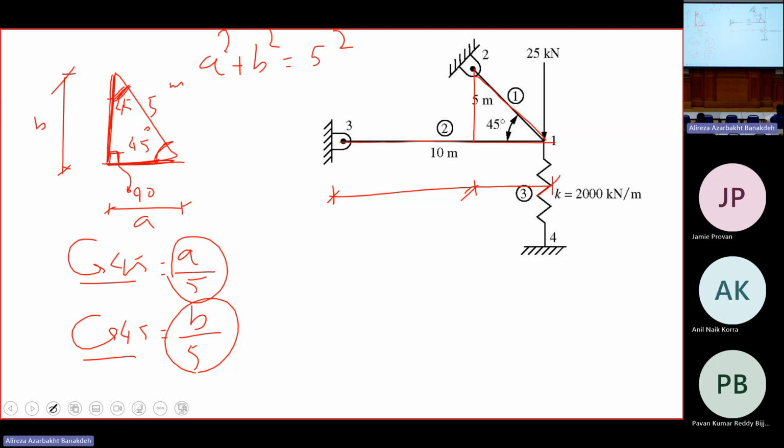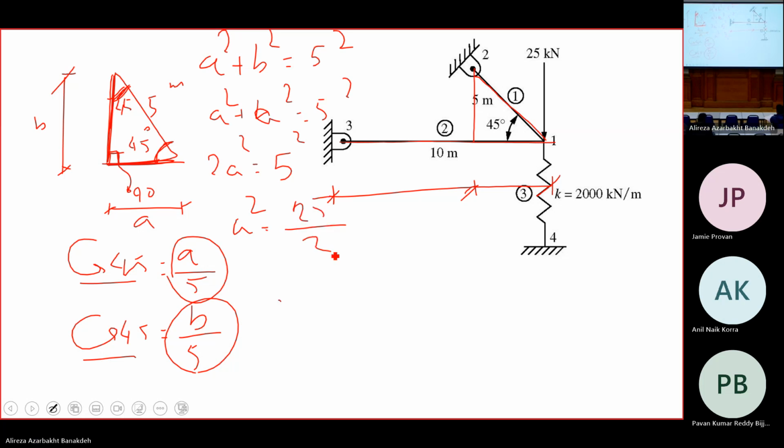Don't look at me like you don't know where it comes from. If you don't, it's okay. Just ask. So we know that A is equal to B. So it's A squared plus A squared is 5 squared, or 2A squared is 5 squared, or A squared is 25 divided by 2. Or A is the square root of 25 divided by 2.